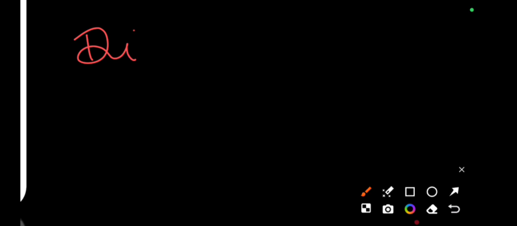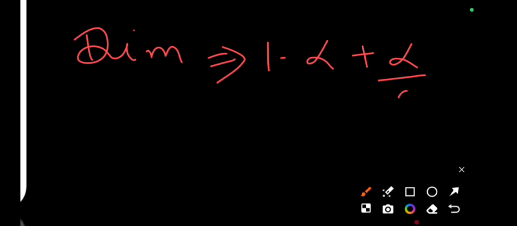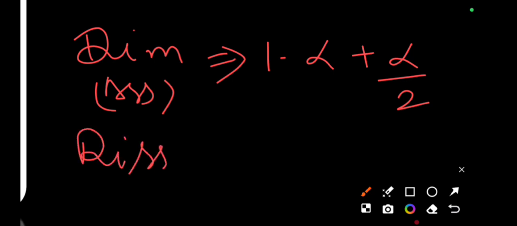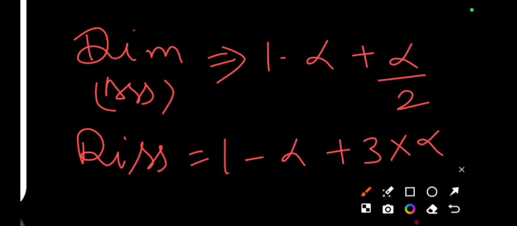If dimerization takes place, then in the association formula you have to keep the value of n as 2. If dissociation takes place and the number of ions formed is 3, then you use the dissociation formula, and n alpha becomes 3 into alpha. So, a few examples you can see.